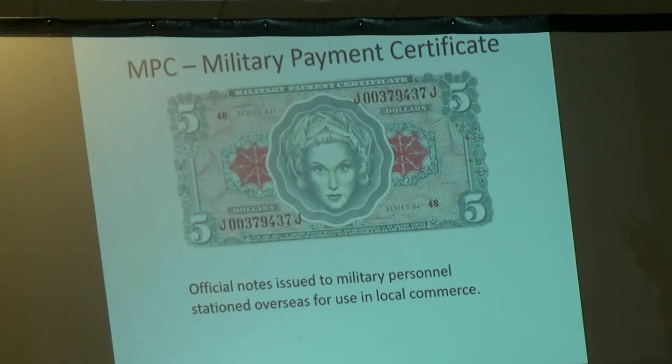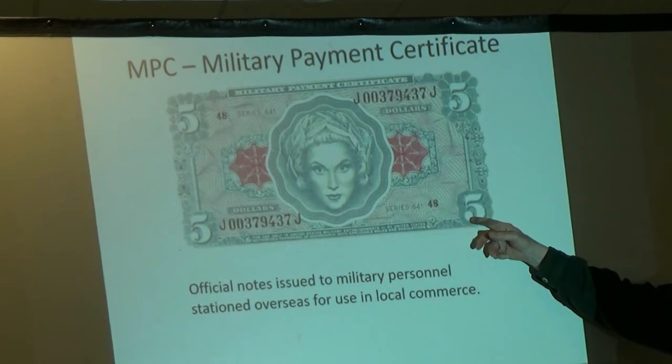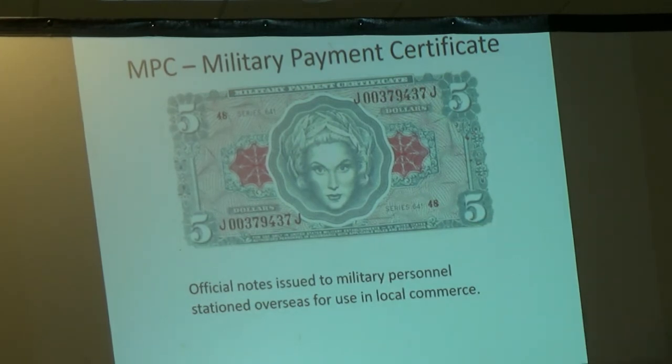The problem is, a lot of times people would make extra copies of this, and what they would do is recall them in a very short period of time. So Joe gave me the story that one day they decided the next day you had to turn in all your military script, or military payment certificates, for new ones that had just come out, so that people couldn't reproduce the old ones. So it's an interesting thing.